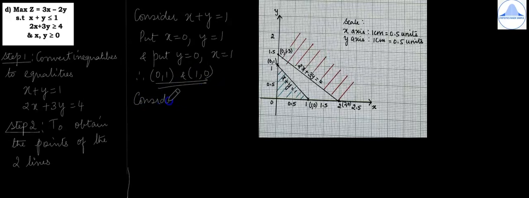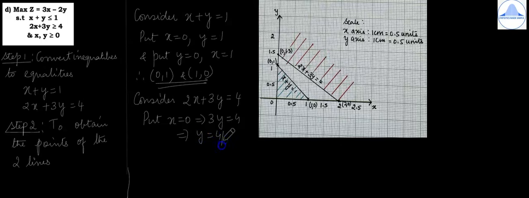Then take the next equation. Consider 2x plus 3y is equal to 4. Put x equal to 0, which implies 3y is equal to 4, or y is equal to 4 divided by 3. You can just take one place after the decimal.